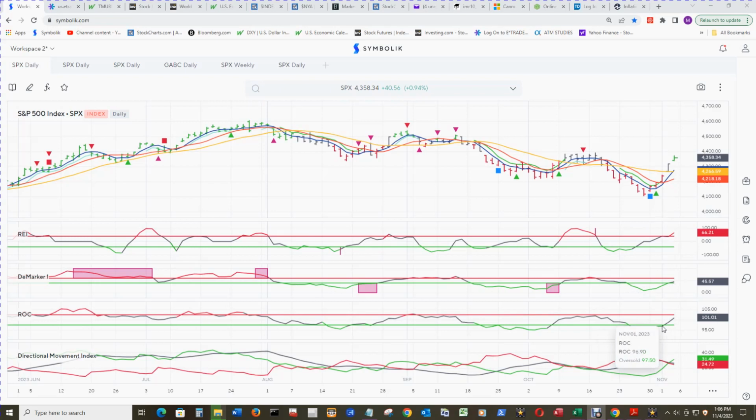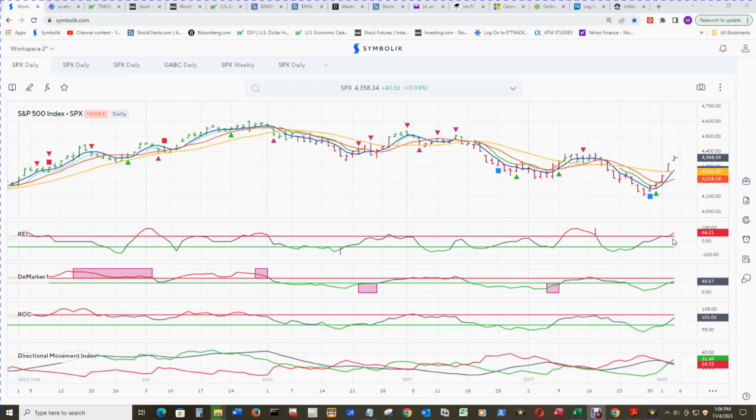And ROC came off of going sideways below the oversold line and bumped up. So ROC and DM1 are above their oversold, and REI above overbought, and the DMI plus is above the DMI minus. It doesn't get any better than that, but would be cautious from everything that we just looked at.